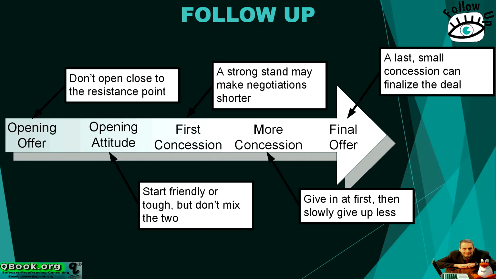Let's look at a nice, simple diagram. You have an arrow moving through time. From the opening offer to the opening attitude. First concession, more concessions, and final offer at the end. We begin with an opening offer.